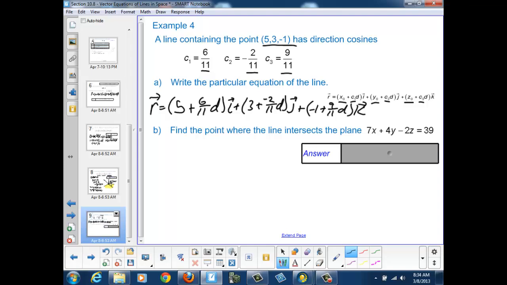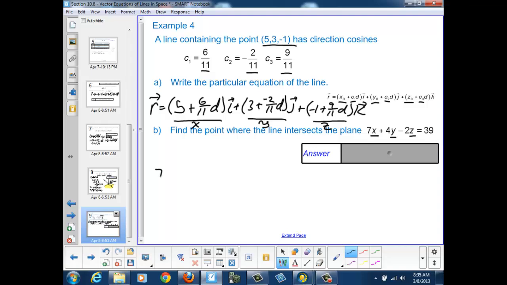To find a specific point on the line, I would need a value for d, which would give me an x-coordinate, and the same value for d would give me a y-coordinate and a z-coordinate. So I can use substitution to replace the x, y, and z in the equation for the plane with those expressions.